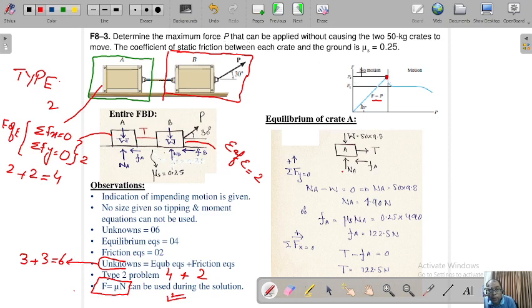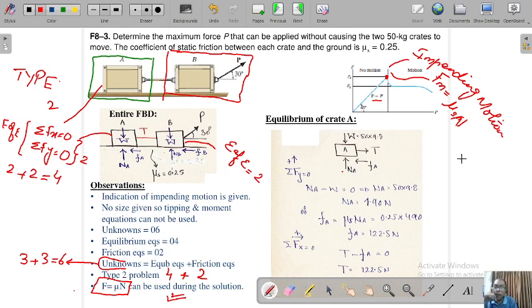Your f max equals mu s into n. So you are allowed to use this, and this is the impending motion point.